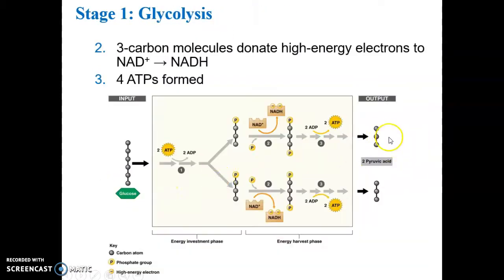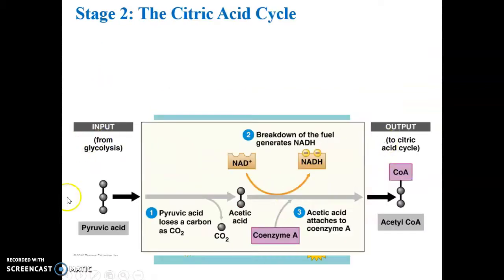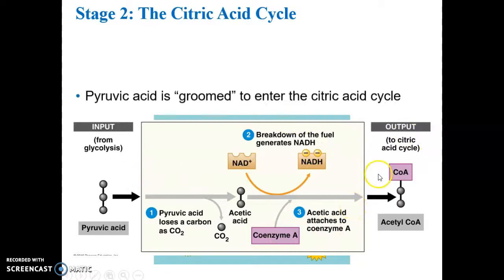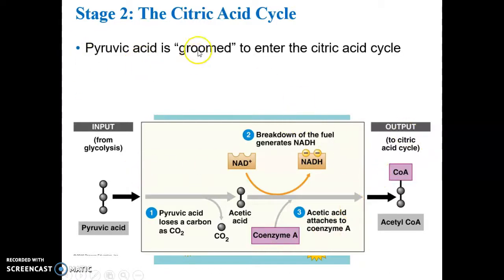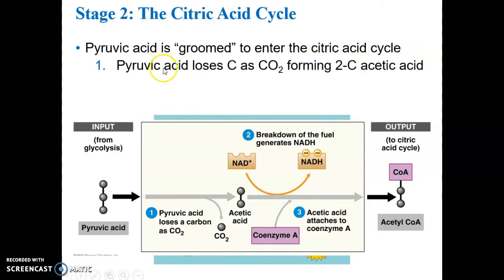Okay, so these pyruvic acid molecules that are formed from glycolysis, this is outside the mitochondria. The pyruvic acid molecules enter into the mitochondria after some modification. That's what we'll talk about here. So the pyruvic acid is groomed, modified, before entering into the citric acid cycle within the mitochondria. So the pyruvic acid loses a carbon to form carbon dioxide.